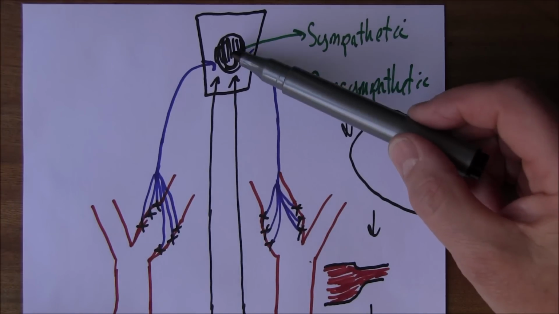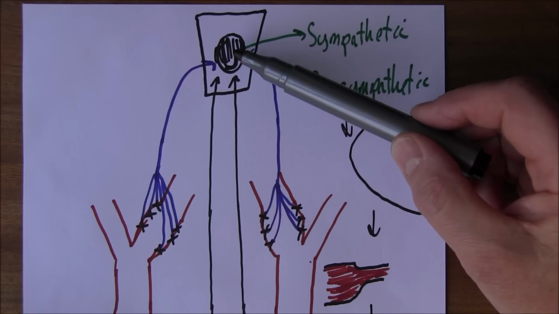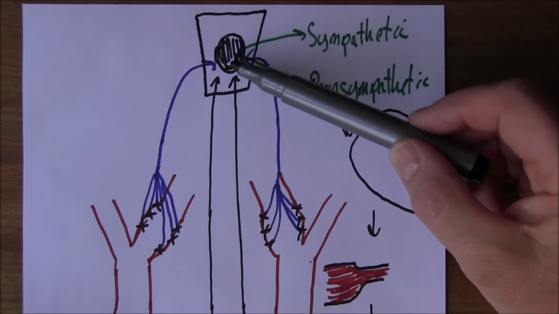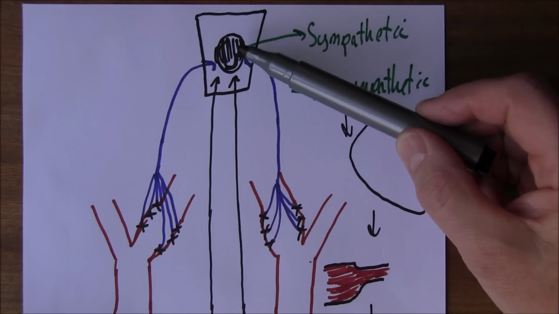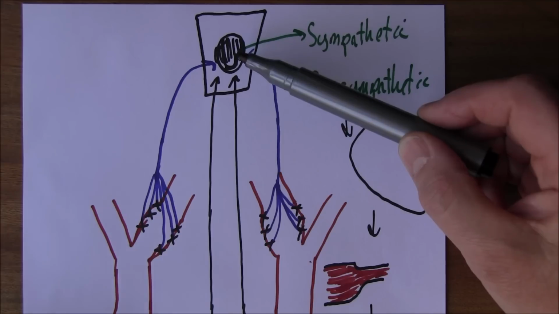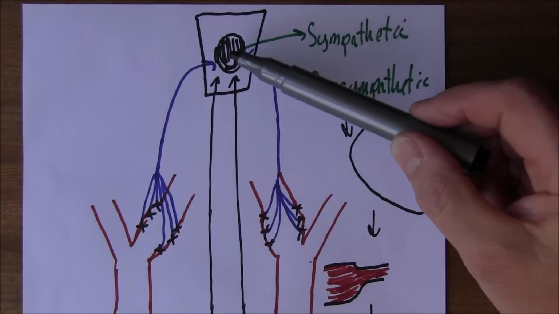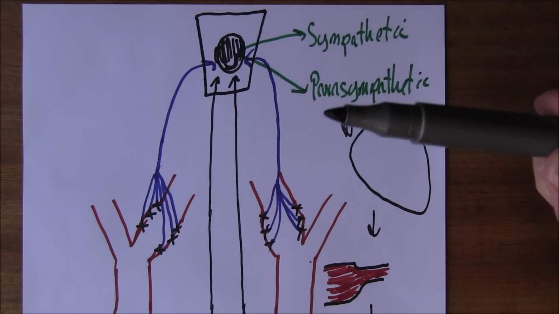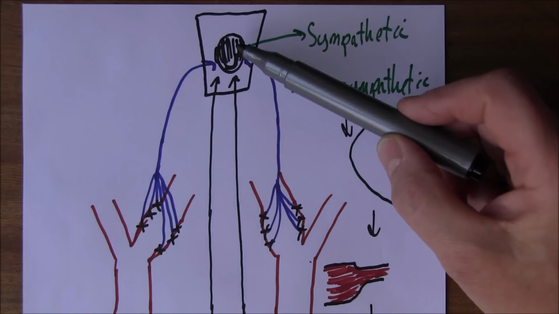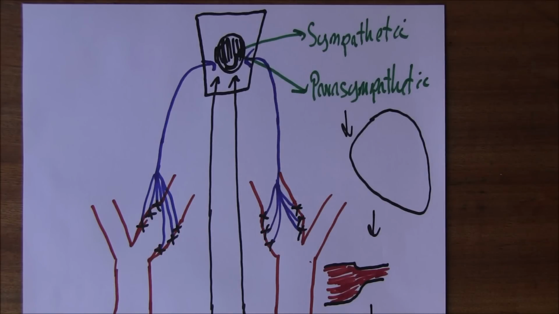So we notice that in this cardiac centre, in the medulla oblongata, there are interconnected networks of neurons that are going to affect heart rate, stroke volume, therefore cardiac output, and systemic vascular resistance. These are all going to be regulated via this vasomotor center.